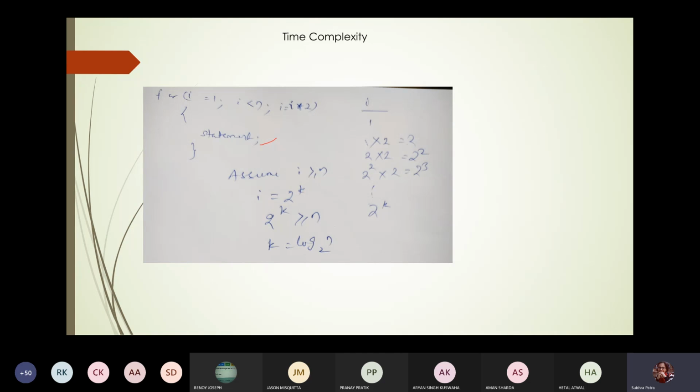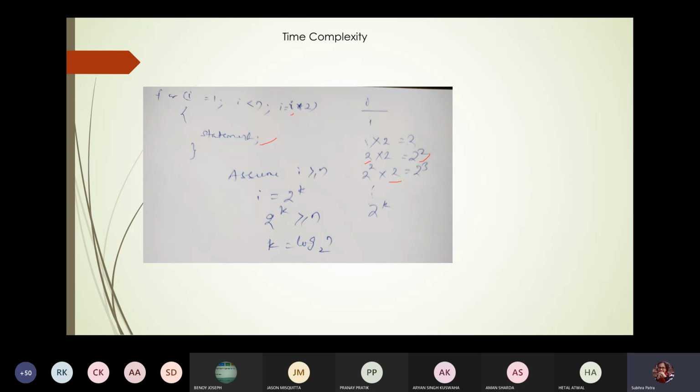If i equal to 2, it will be i cross 2, that is 2 cross 2. When i equal to 3, it will be this cross 2, so whatever is there in i, times 2, that is 2 to the power 3.